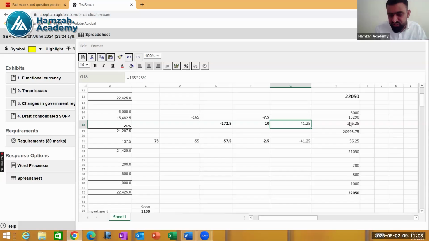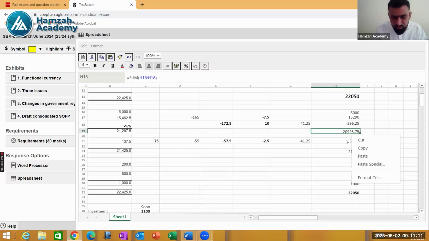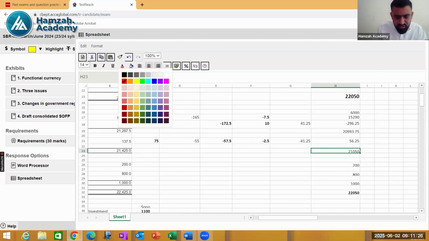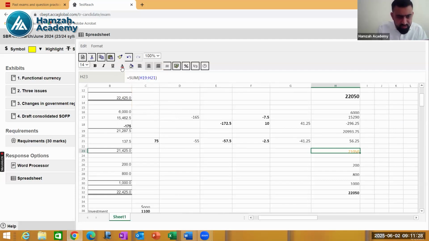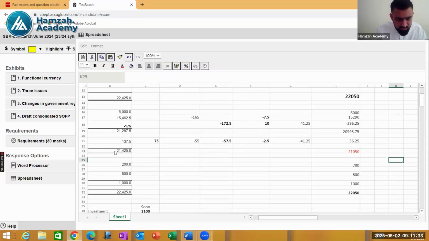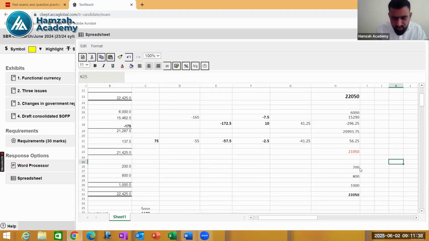So the closing net loss reported in translation reserve is 296. Then you have total equity. Then this is your value of NCI after the adjustment. You can see the formula applied, taken the sum. And this is the total value of NCI and the equity, 2105.